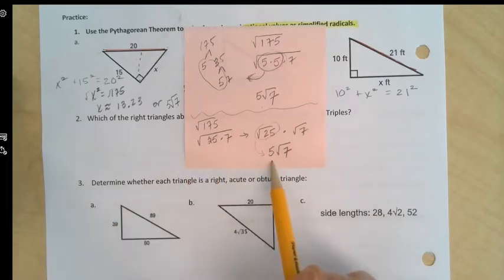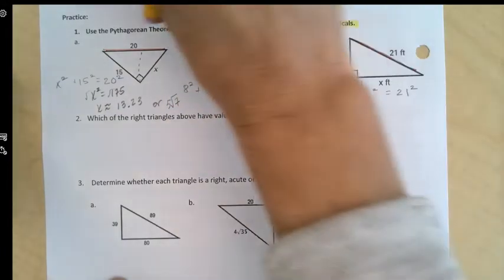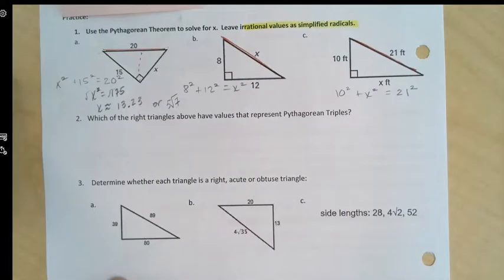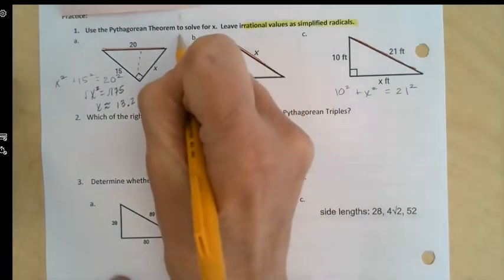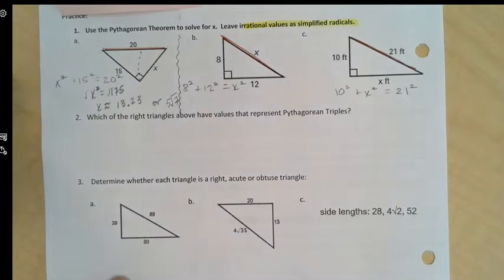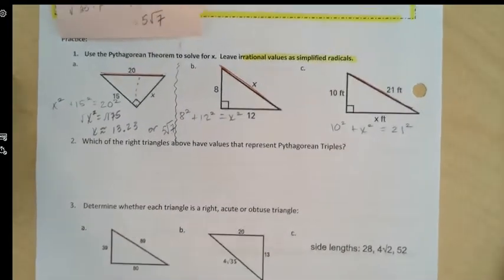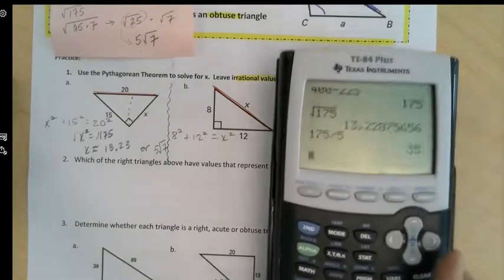That's why the double factors. So we're going to call this 5 root 7 no matter how I got it. Make sense? Okay. So push yourself to continue exploring simplifying the radicals, and I'm hoping that it starts to make sense.